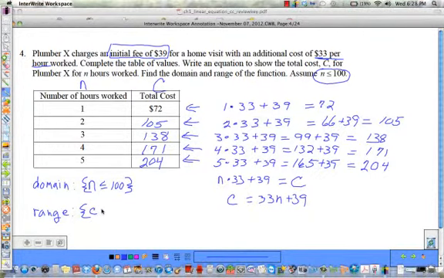So in other words, your equation, where n is an element, that's what that little symbol is, element of the set of the positive integers less than or equal to 100.